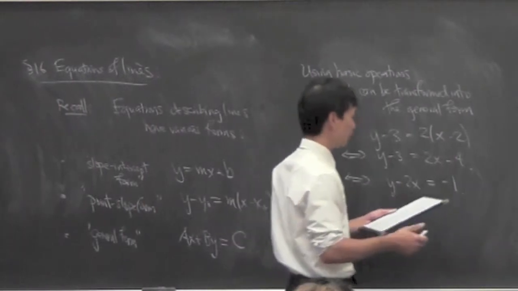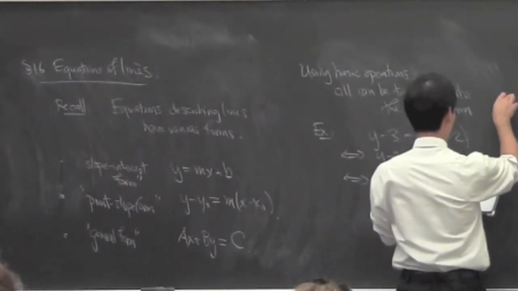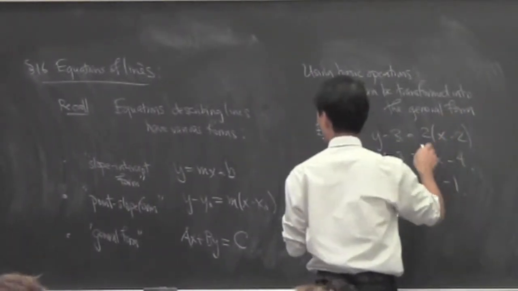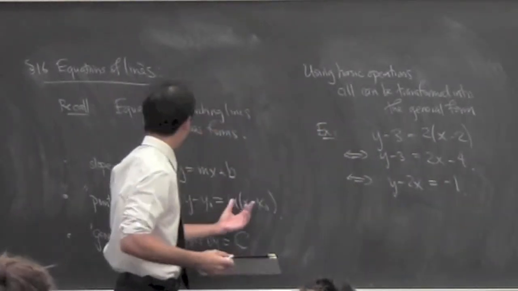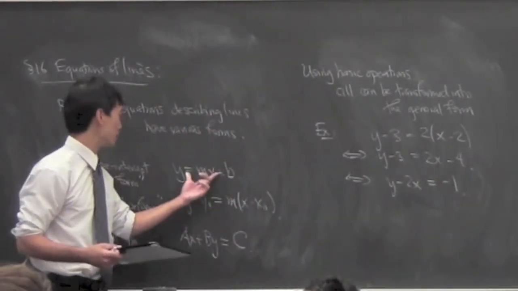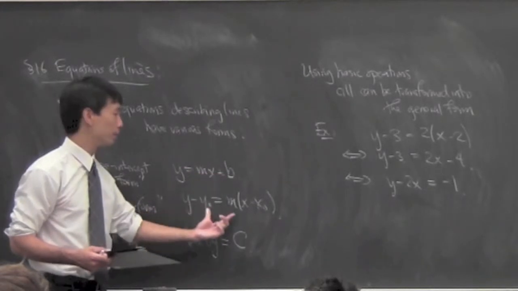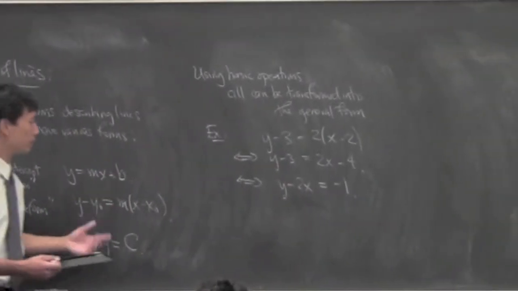Oh, so I'll make another comment. If you have something in point slope form, you can change it to slope intercept form. That's easy.